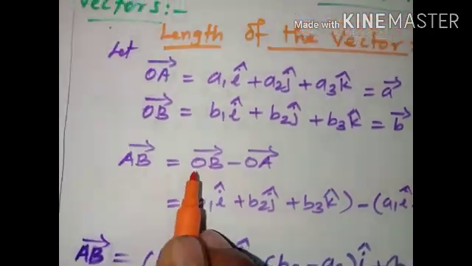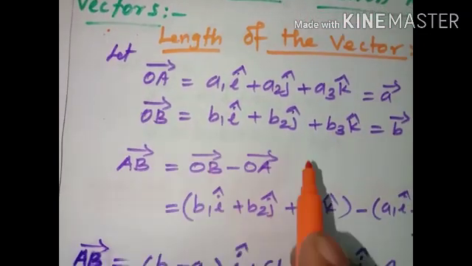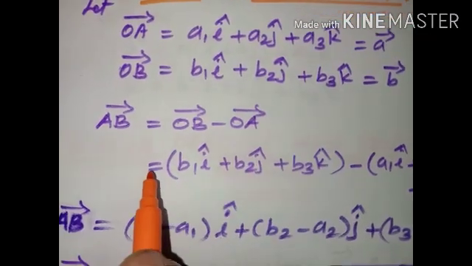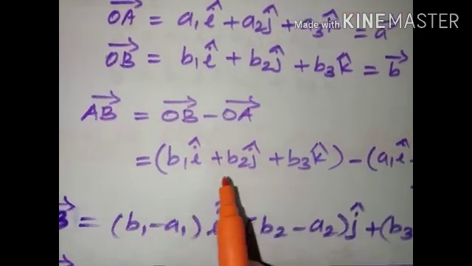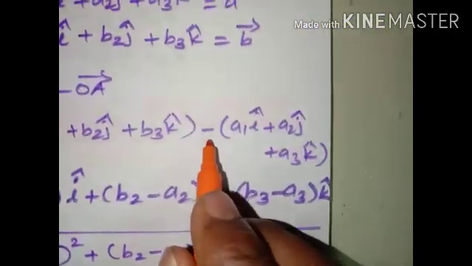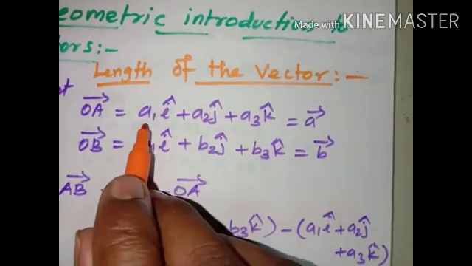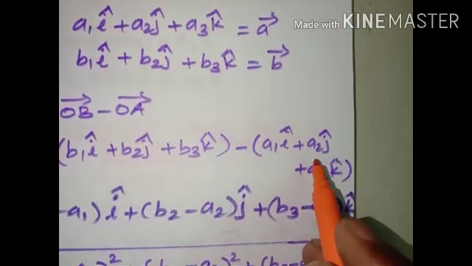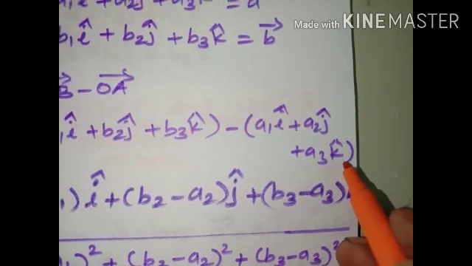Now applying the values, OB vector is B1 i cap plus B2 j cap plus B3 k cap, minus OA vector, A1 i cap plus A2 j cap plus A3 k cap.